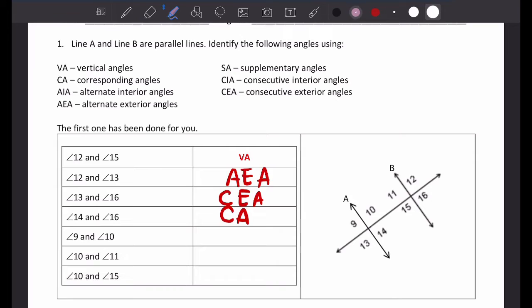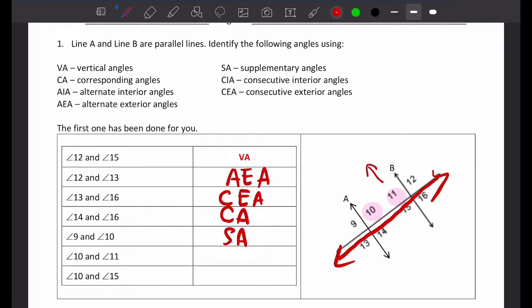And the next one is angle 9 and angle 10. Okay? They are on a straight line. Therefore, they are supplementary angles. Okay? Next, angle 10 and 11. Okay. So let's look at that. Remember, this is our transversal line.